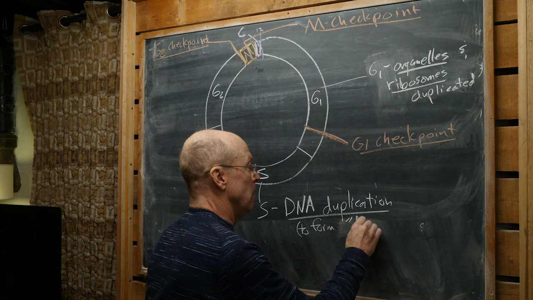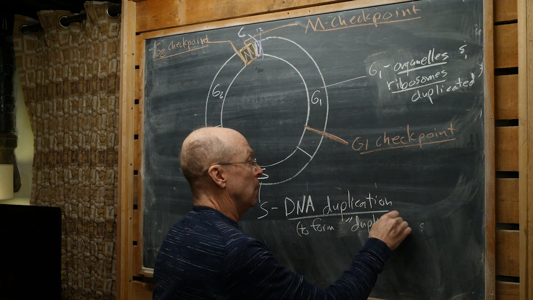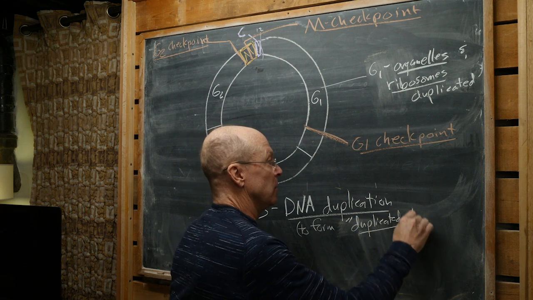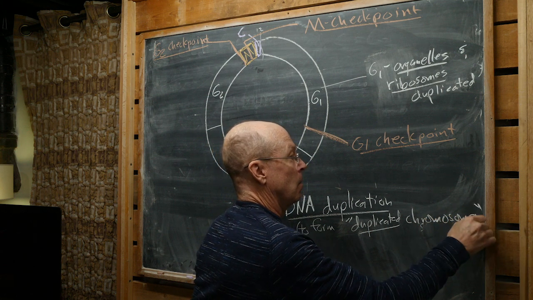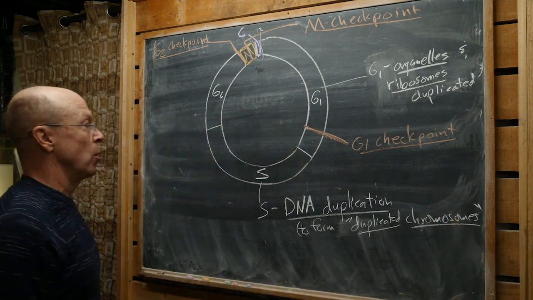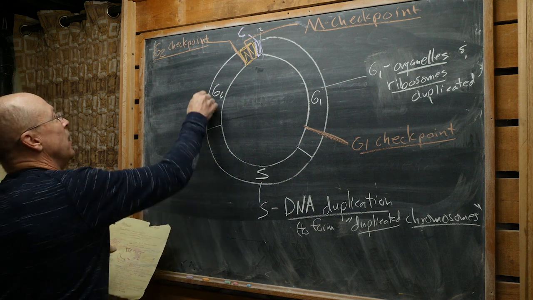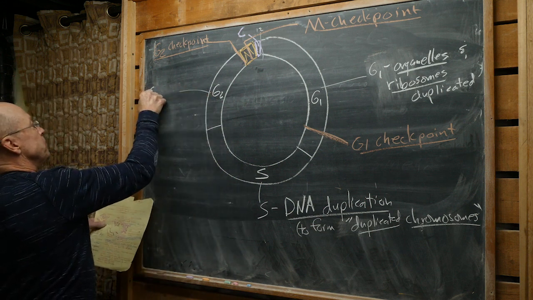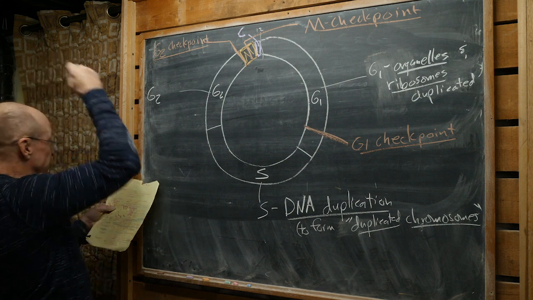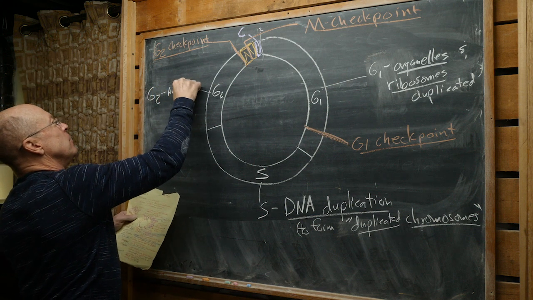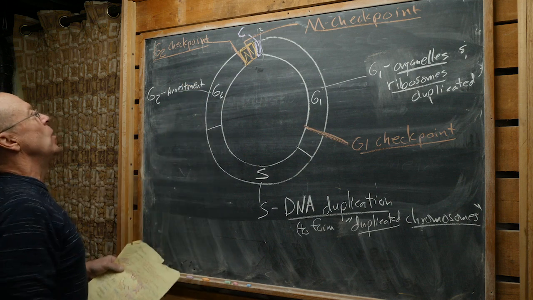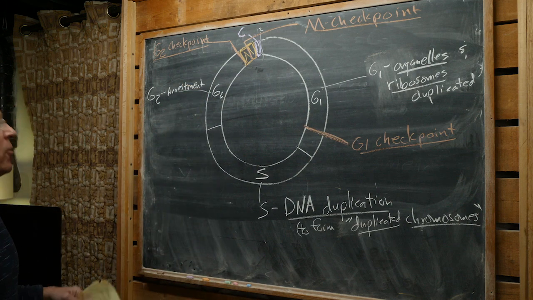In quotations, duplicated chromosomes. Then we move over here, we got G2. G2 is kind of a period of arrestment. There's not a lot going on in G2 other than this checkpoint, which we'll talk about in a minute.